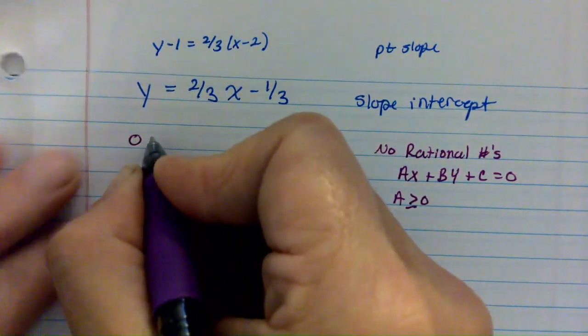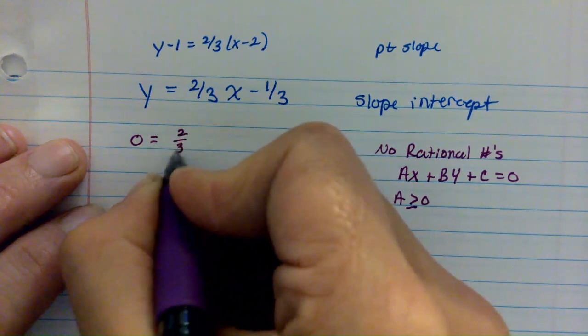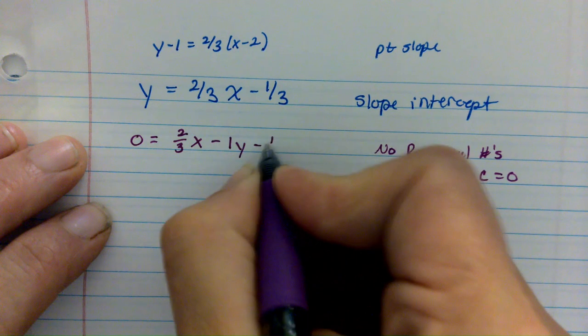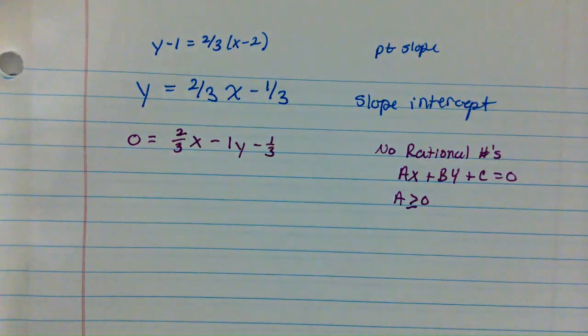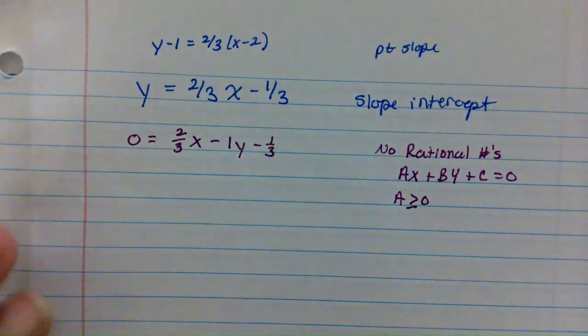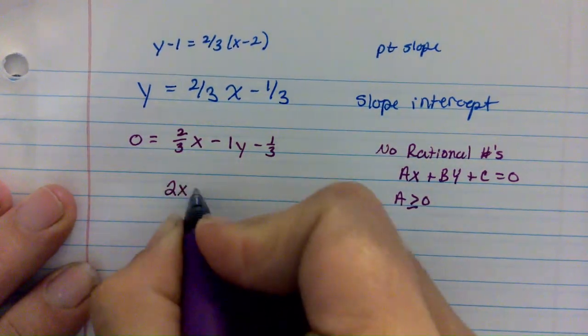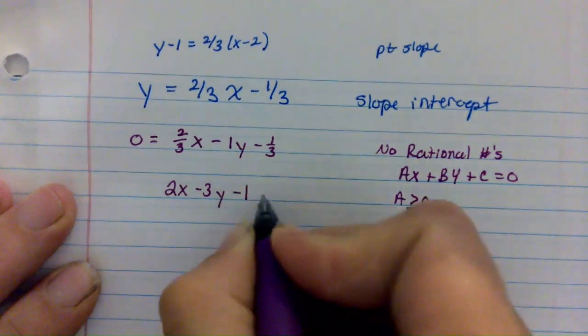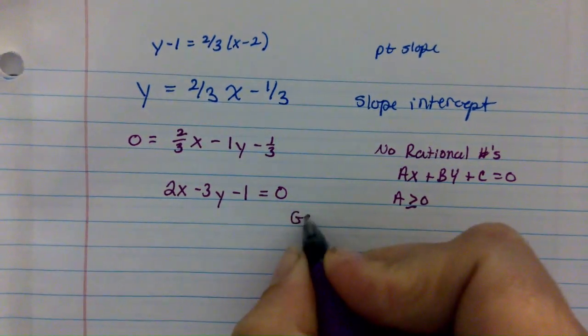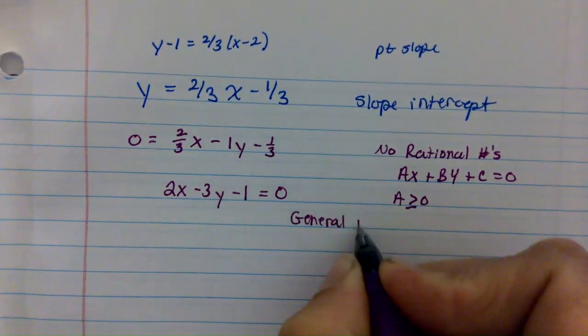So 0 equals 2/3 x minus 1y minus 1/3. My a value is greater than 0, but I have fractions, so I'm going to multiply everything by 3. 2x minus 3y minus 1 equals 0. I just put the equals 0 at the right instead of the left. Now this is what's known as general form.